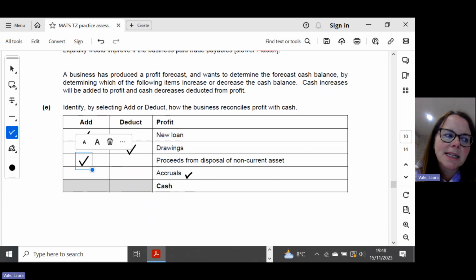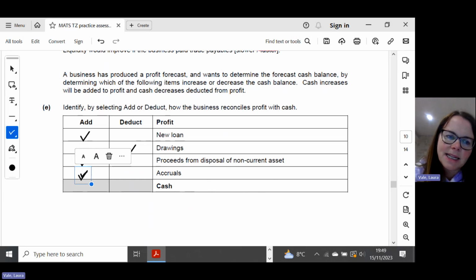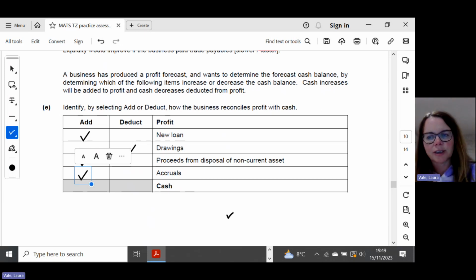But basically an accrual means that you are putting in more expense, which of course will bring down your profit. So what that has done is it's kind of artificially brought down your profit because you haven't actually paid for these things yet. So basically your profit is going to be lower than your cash as a result of putting through an accrued expense. So therefore we need to add that to get from the profit to the cash.